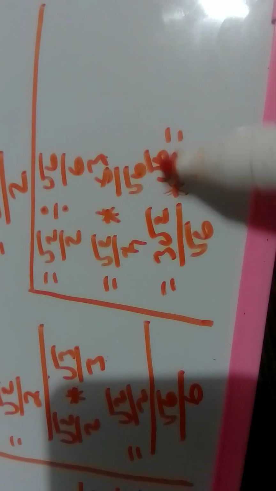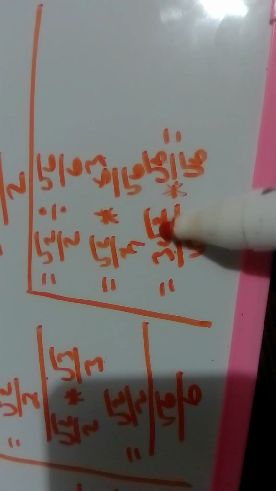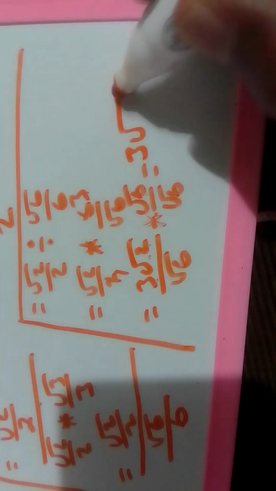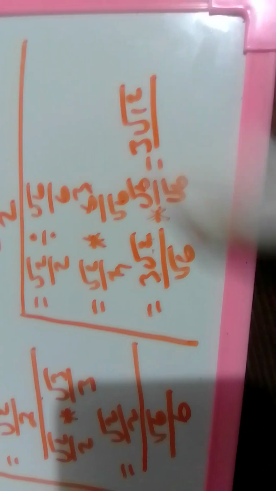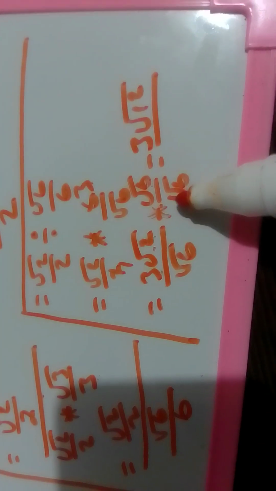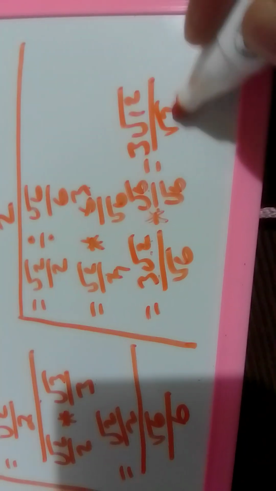Now these two, they cannot multiply each other, but these roots, they can multiply each other, and 6 times 2 is equal to 12. So I've got 3 square root of 12 all over square root of 6 times square root of 6, it gives me 36. So I've got square root of 36.